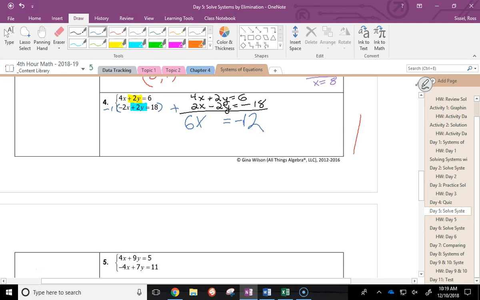Okay, keep solving for x. What's negative 12 divided by 6?